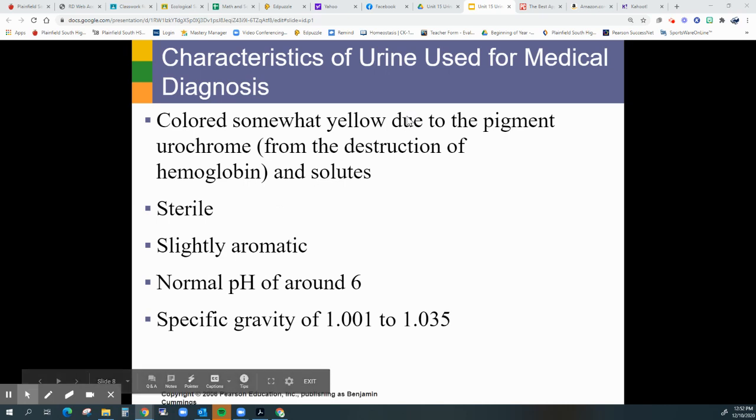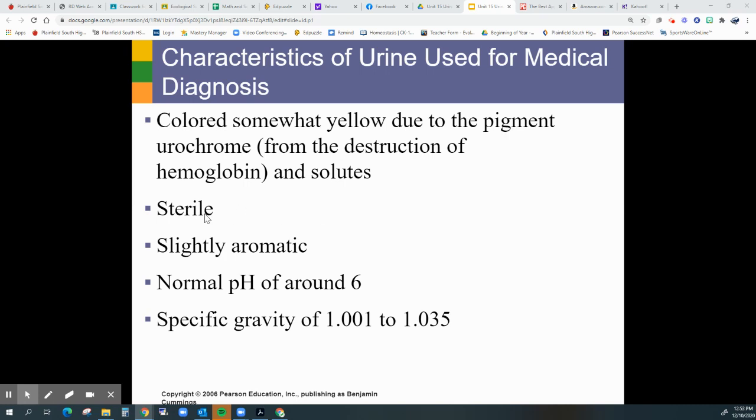Characteristics of urine that we should see, especially for medical diagnosis. It should have a color to it. It should be somewhat yellow, not dark yellow. Most people say apple juice is the color you are looking for. If it has a very dark hue to it, we're probably looking at some destruction of blood vessels, because once you destroy those blood vessels, then blood can pass across into the urine.